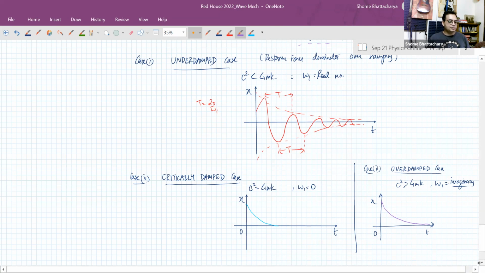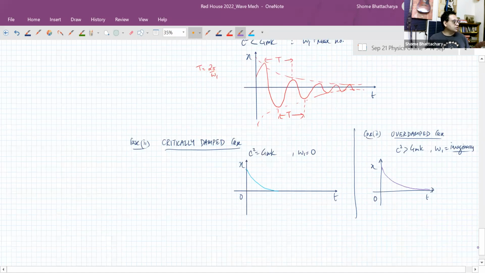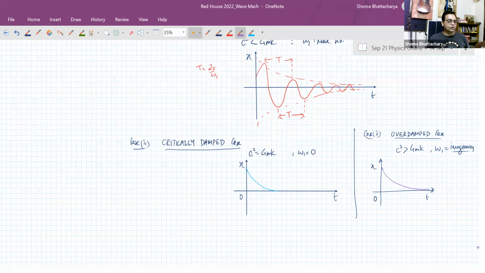Whereas in the critically damped or overdamped case, it's the other way around. The damping force dominates in such a way that it doesn't allow it to go to and fro. The motion dies down before that happens. It has a very strong dominant effect.